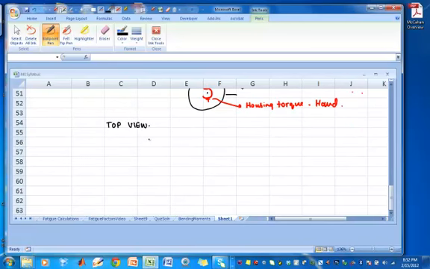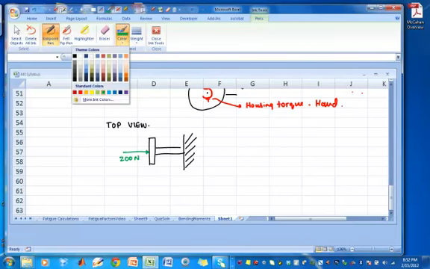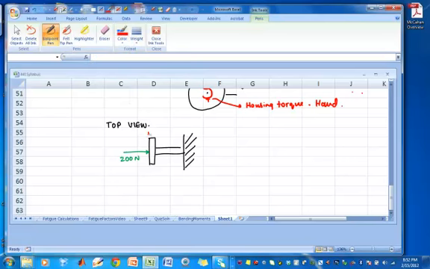I'm going to draw this thing like that. That's my wall. Okay. I will see the 200 Newton force like that. And then I'll see the friction force like this. 120 newtons, and this distance is 50 mm.